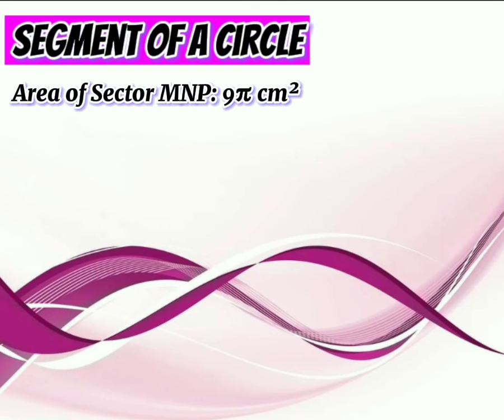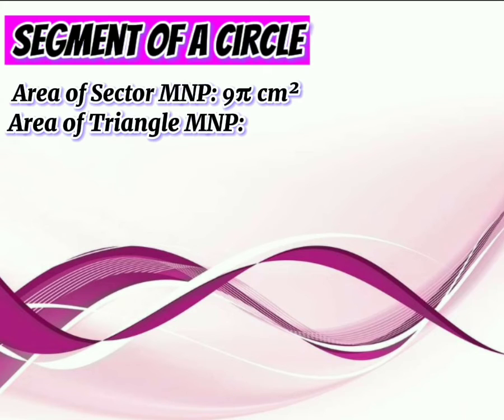Since we got the area of sector MNP, which is 9 pi centimeters squared, now we will get the area of triangle MNP. The area of a triangle is equal to 1/2 base times height. In our triangle, the base and the height are the same, which is 6 cm.